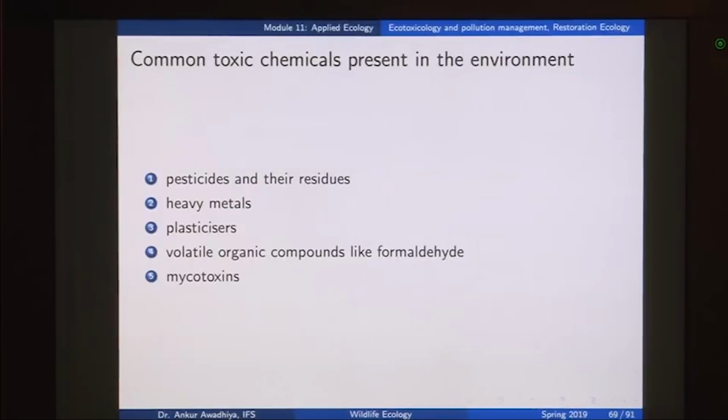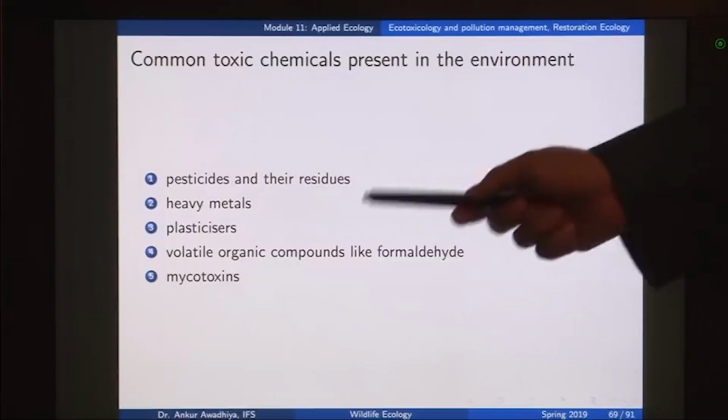Some common toxic elements that are present in the environment include pesticides and their residues. For instance, if we have DDT, after a while it will get degraded and will become DDE or DDD. So, we will consider not just the original pesticides, but also all their residues.